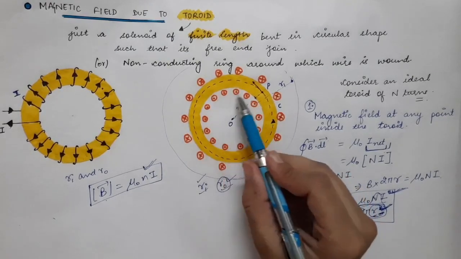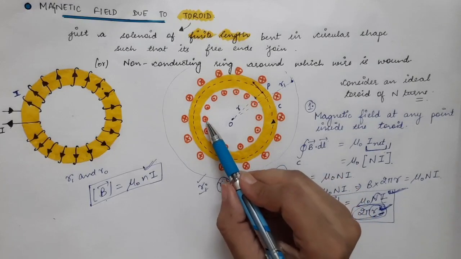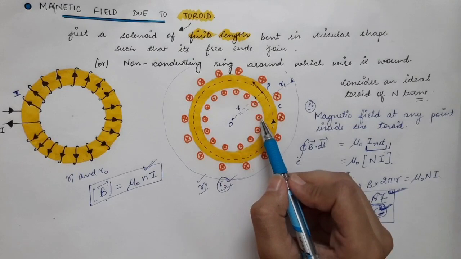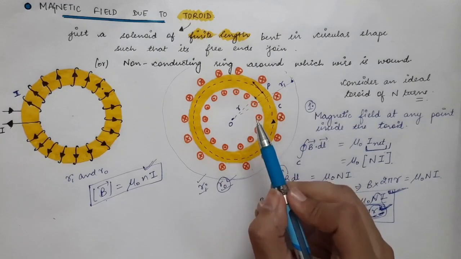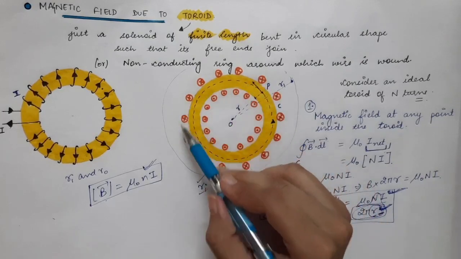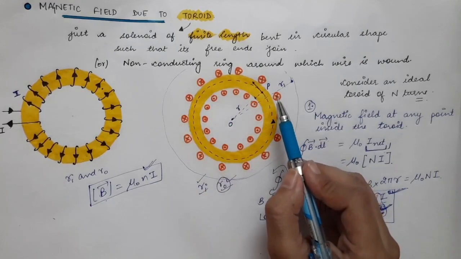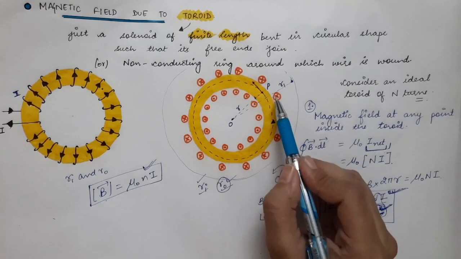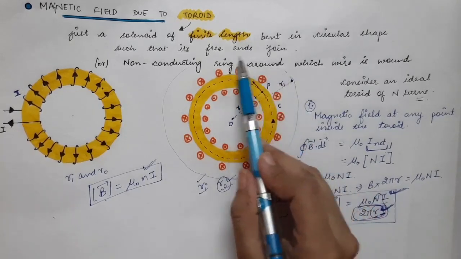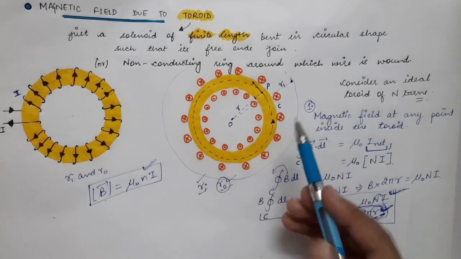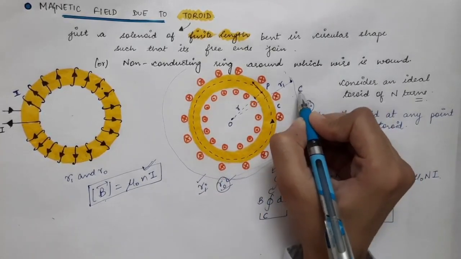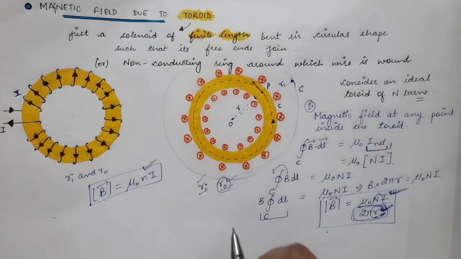Means the number of current wires in which the current is flowing towards you, the same number of current wires are present in which the current is flowing away from you. So net amount of current which is crossing this whole area enclosed by this closed path C will be equal to 0.